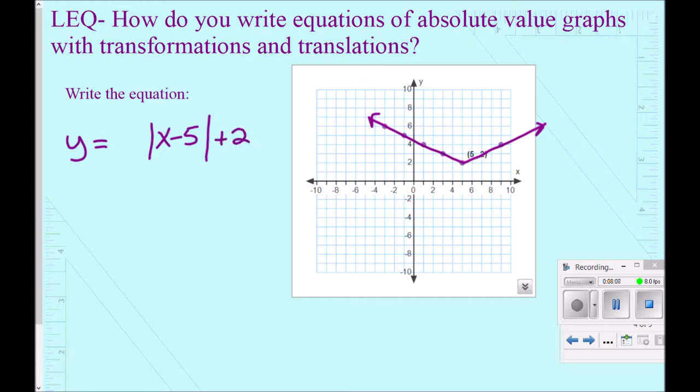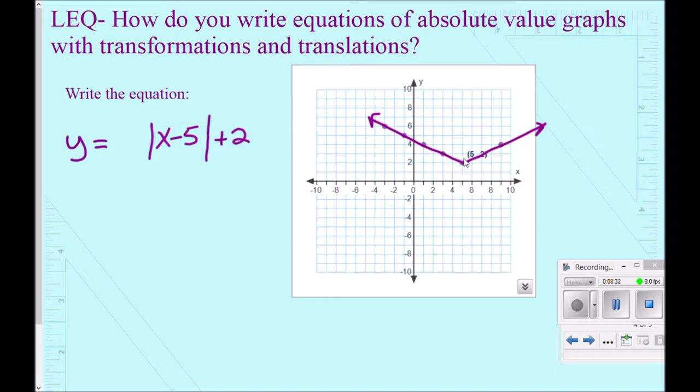Now, I don't know just by looking here whether this graph has been vertically stretched or compressed, so I'm just going to leave that blank for a moment, the space in front of the absolute value. And now I'm going to count the rise and the run to figure out what the number should be in the front for the a value. So starting at the vertex here, I'm going to go from the vertex to one of these other points that are plotted.